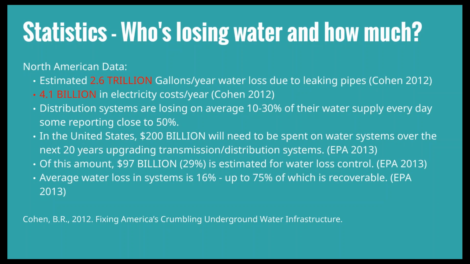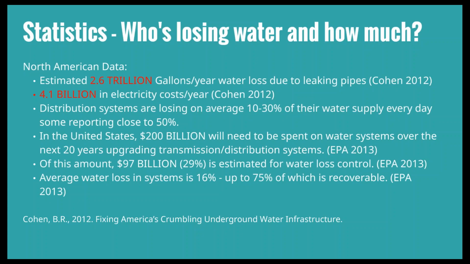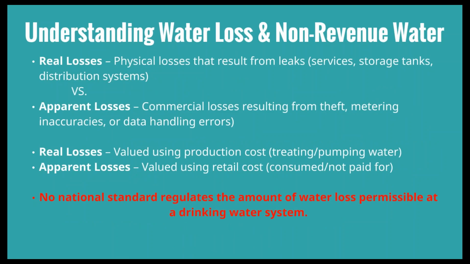Distribution systems have quite a bit of leakage every day, some up to 50%, and identifying and mitigating those is critical using a leak detection program. So the average loss according to the EPA in 2013 was up, and up to 75% is recoverable if you have an accurate leak detection program. Go ahead, Noah.